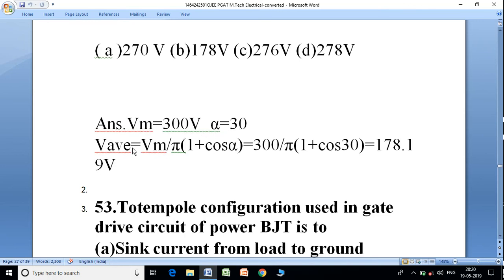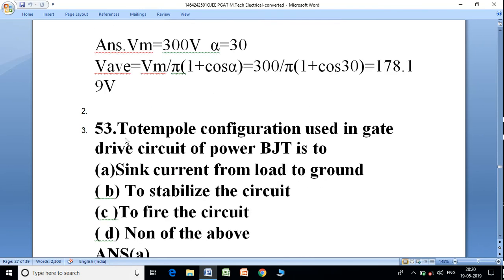So V average is Vm by pi into 1 plus cos alpha, 300 by pi into 1 plus cos 30, that is 178.19 volt. So answer B is the correct answer, that is 178.19 approximately.